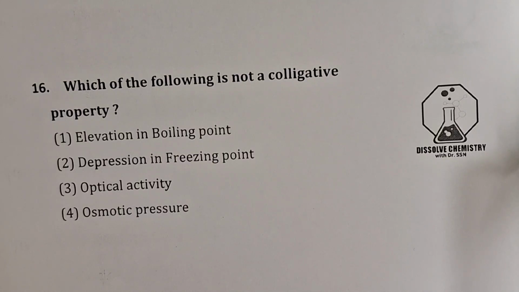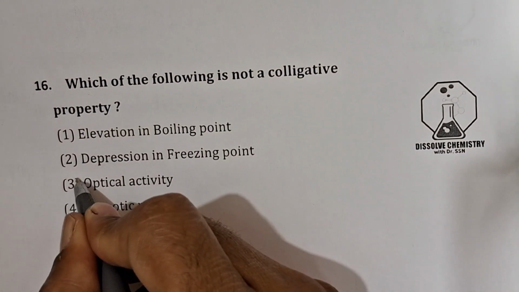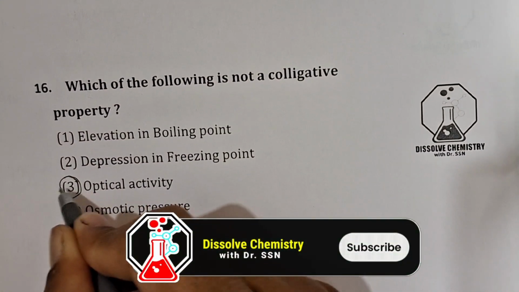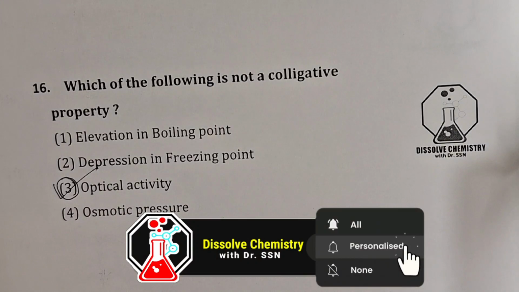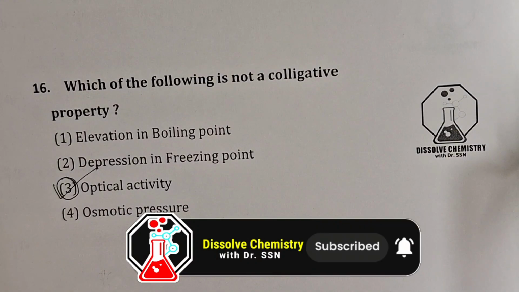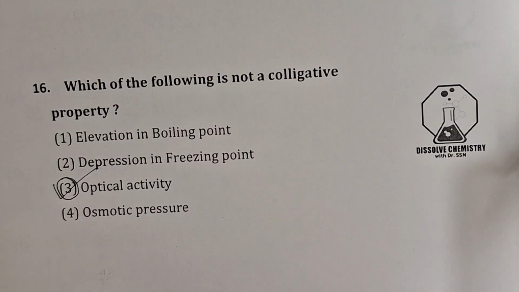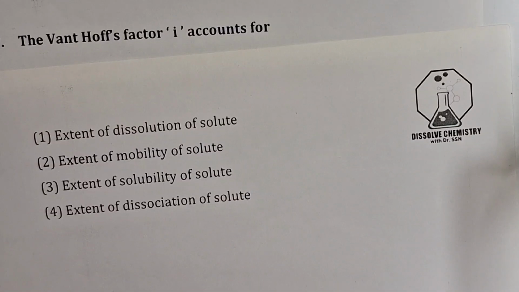Optical activity is given, and optical activity is not a colligative property. You should remember these 4 as colligative properties. Other than those 4, if you get any other option, then that option is not a colligative property, right? Fine. So next we will move on to the 17th question.